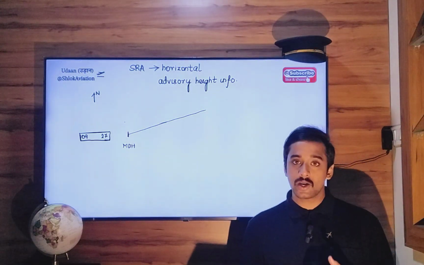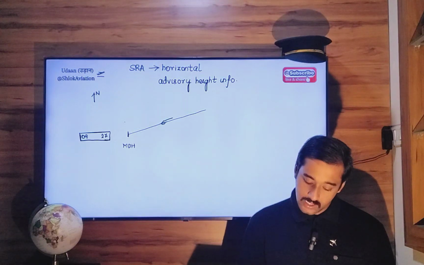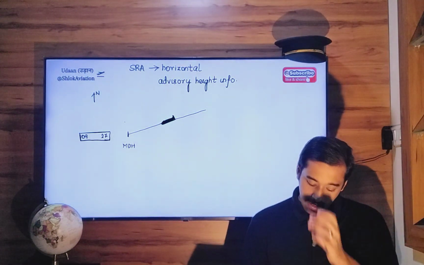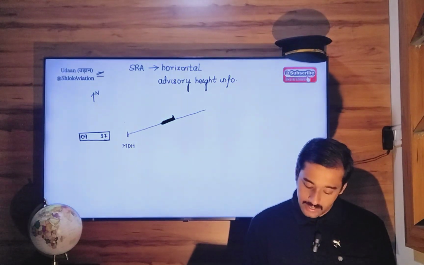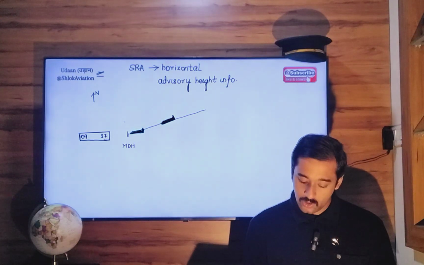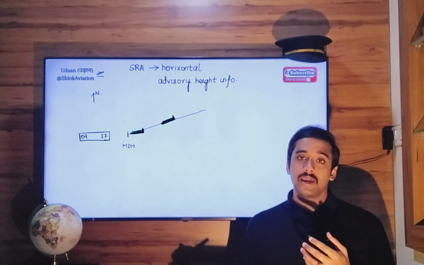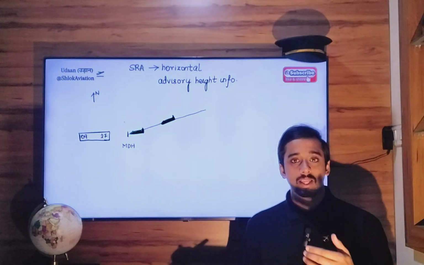Now, when you are conducting a non-precision approach, when you come down this glide slope and you approach this minimum descent height, at minimum descent height or minimum descent altitude, you must be able to find yourself visual with the runway.